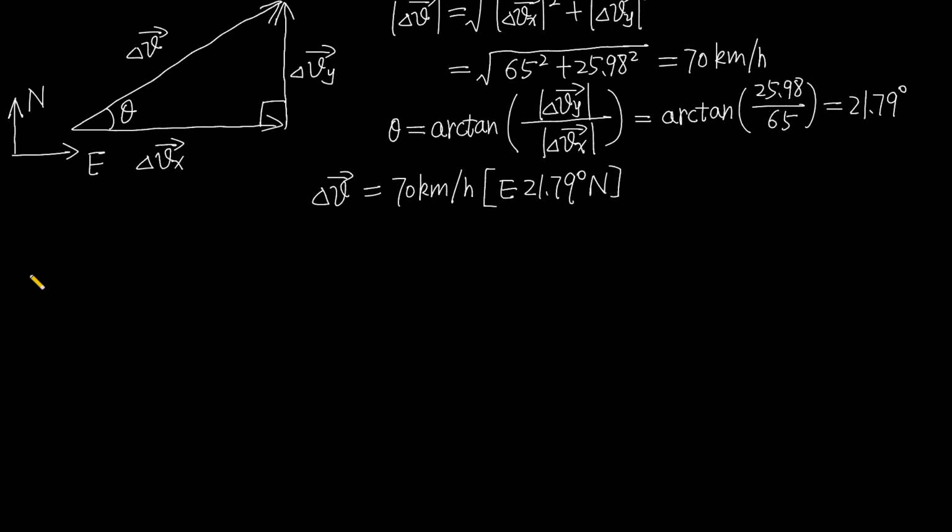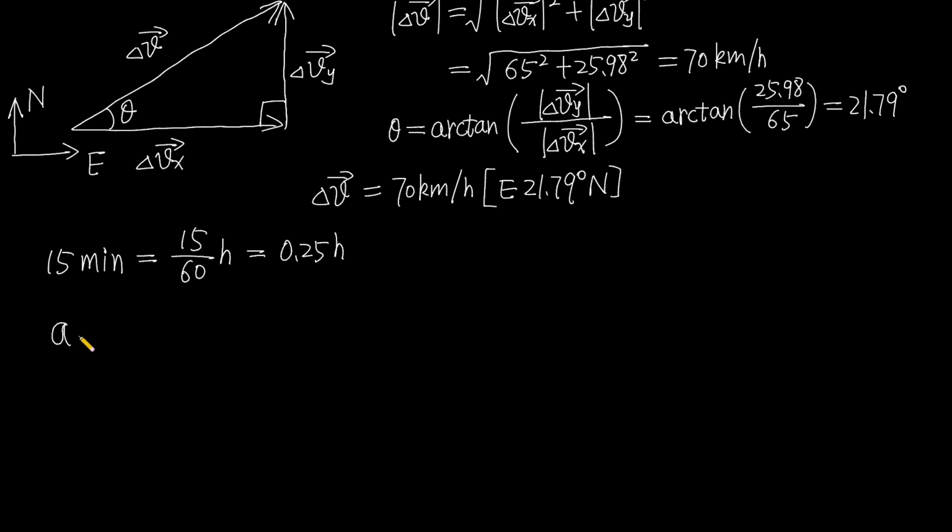Then we need to change the time from minutes to hours. So 15 minutes equals 15 over 60 hours, and this equals 0.25 hours. Now we can calculate the average acceleration.